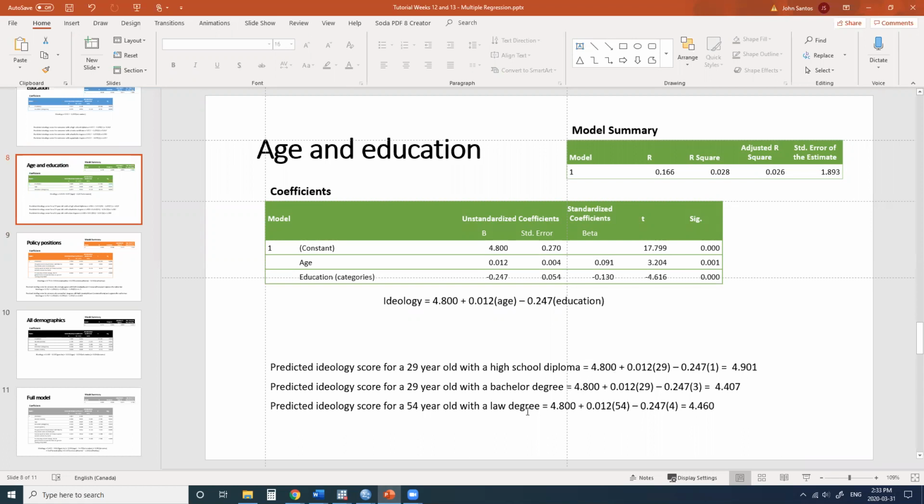That's where standardized coefficients really come in handy, because it allows you a quick comparison to see which independent variables have a stronger relationship with the dependent variable, right?